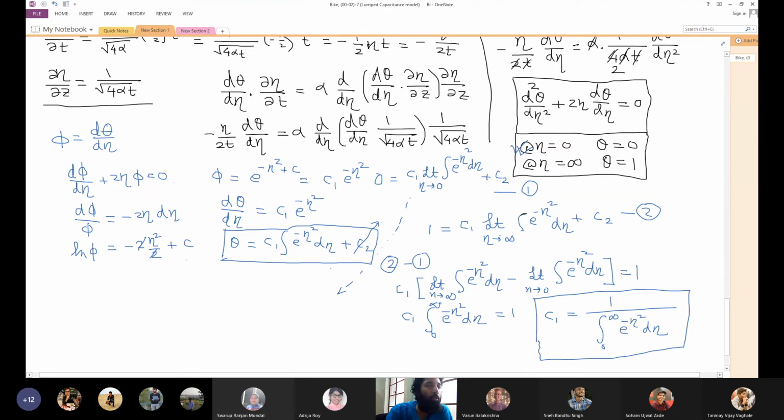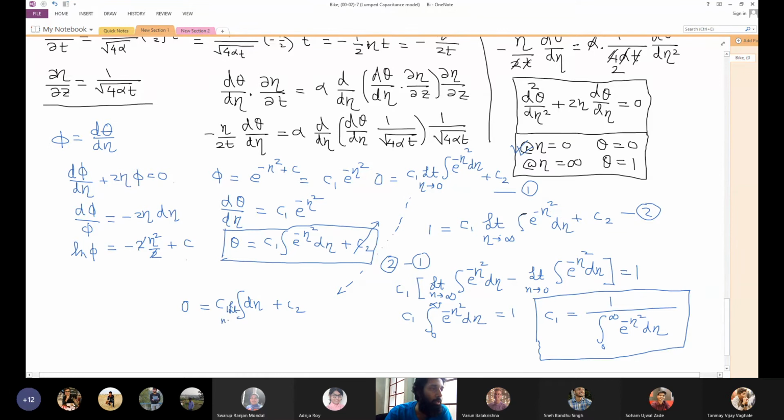So first thing, we know that at eta equals 0, theta equals 0, which equals C1 times the integration of e to the power eta square, so we put the limit here itself. e to the power 0 is 1, we remain with d eta, plus C2. If we integrate this, we can keep the limit here also.